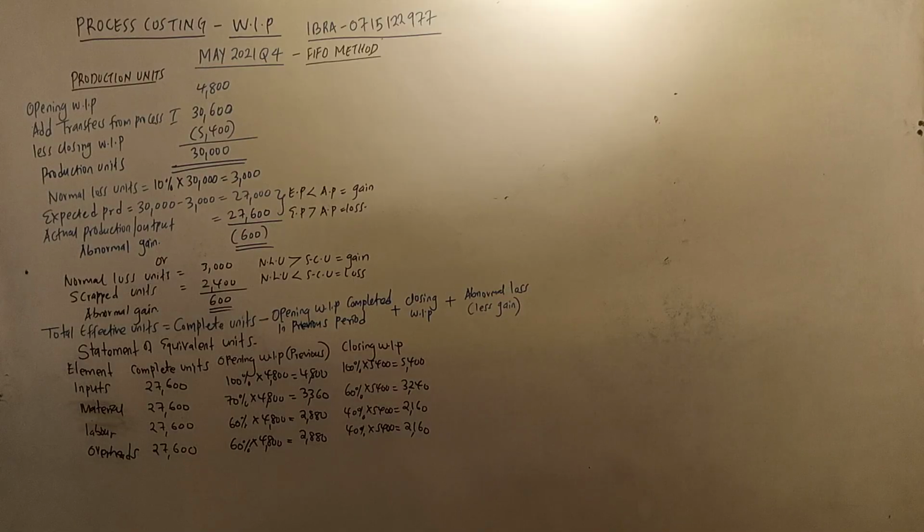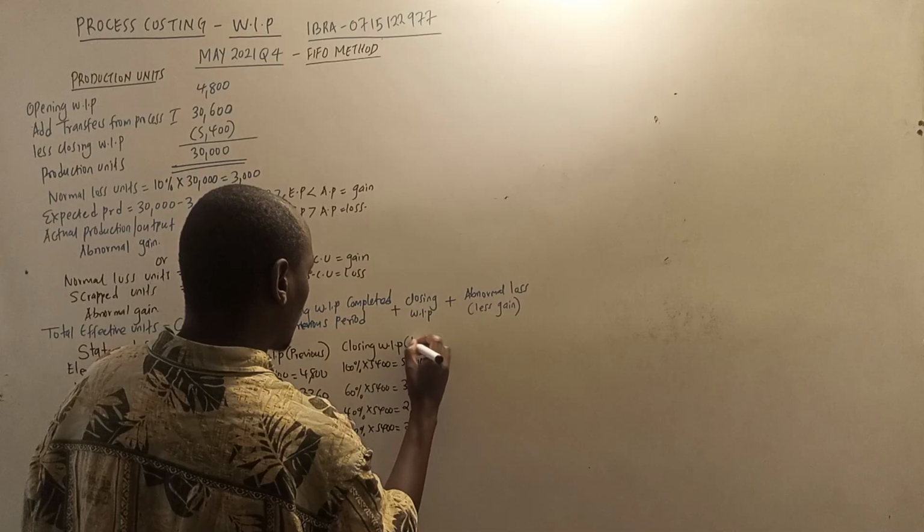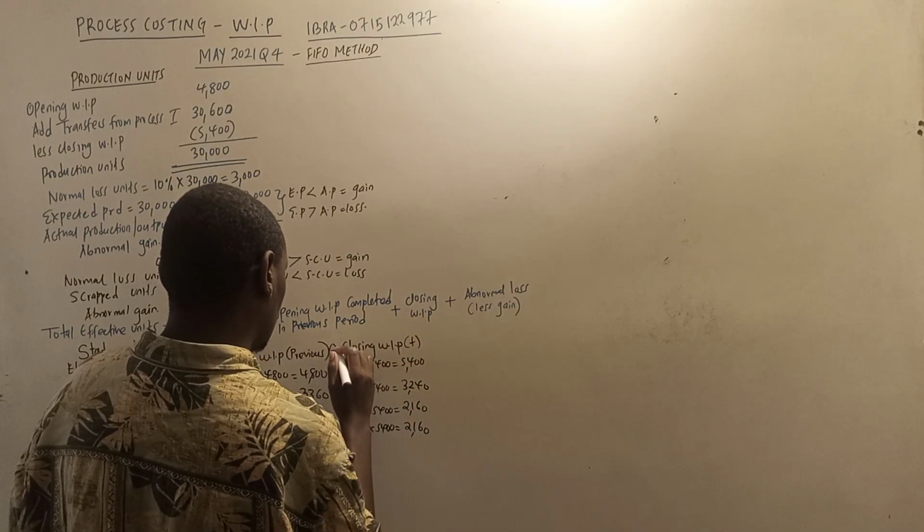Then we go to abnormal. Now we have abnormal gain or loss. Remember, abnormal gain we are supposed to minus, and abnormal loss we are supposed to add.